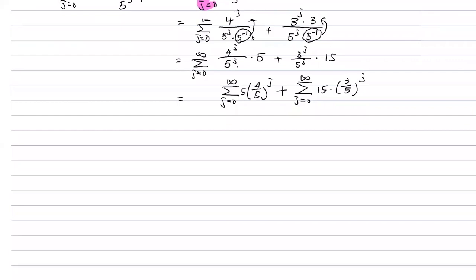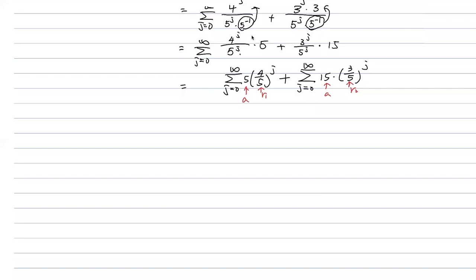From here, I know my initial value, this is a. Then this is my ratio, and this is my second ratio, so I'm going to call them r1 and r2. My 4 over 5 is less than 1, 3 over 5 is less than 1, everything's good. So I'm going to have 5 over 1 minus 4 over 5 for my first summation, and for my second summation 15 over 1 minus 3 over 5.